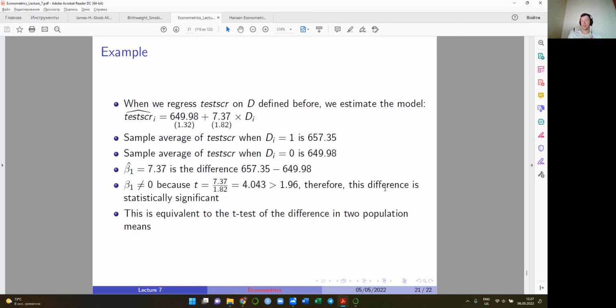And as you see, it is much easier because in the t-test we need to proceed through many different steps, like computing the sample averages, sample standard deviations, then performing the F-test, whether variances are equal or not equal. In this case, by the way, we assume that variances are equal because we do not have this distinction, right? And then finally we arrive at the result. In this case, it's a bit faster.